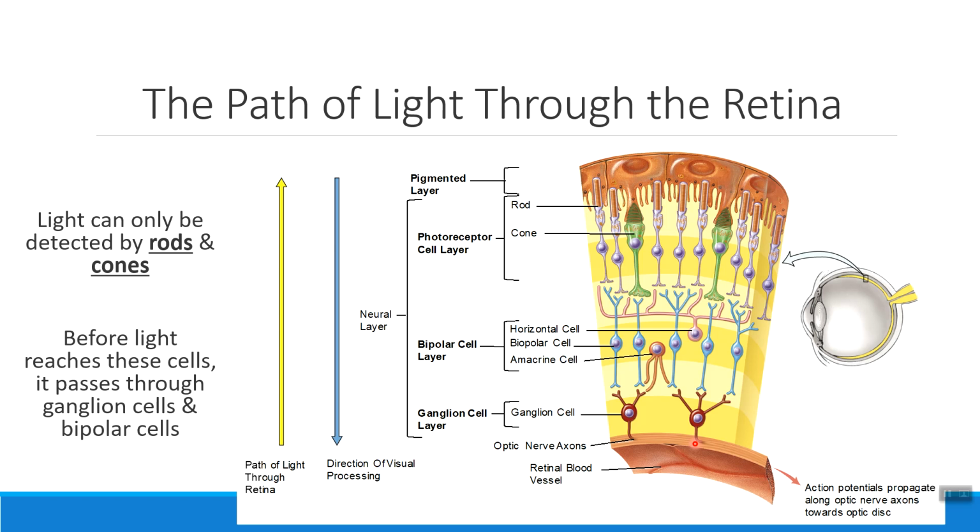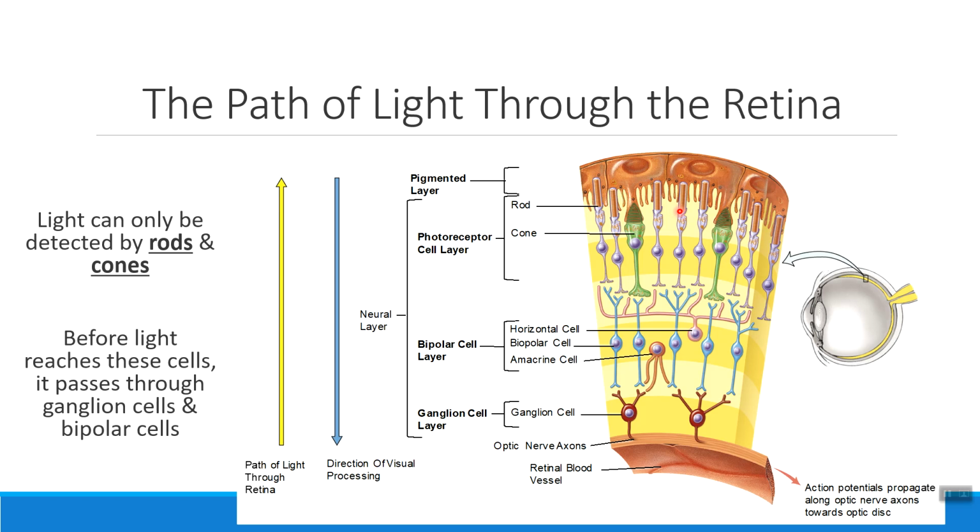When we look at the way that light waves travel through the retina, it's sometimes said that the retina is kind of evolutionarily backwards. Here's what I mean by that. We see a retina with 3 different layers of cells in it. We'll talk about these different layers of cells. But when light comes into the eyeball, it starts down here and it has to travel through all of these cells to get down to the bottom where the rods and the cones live.